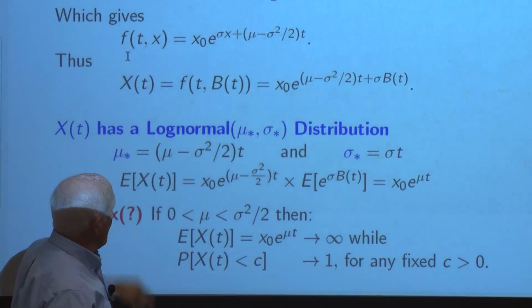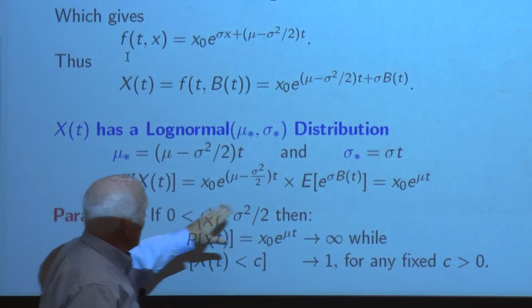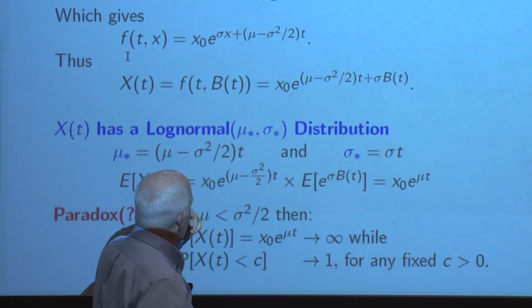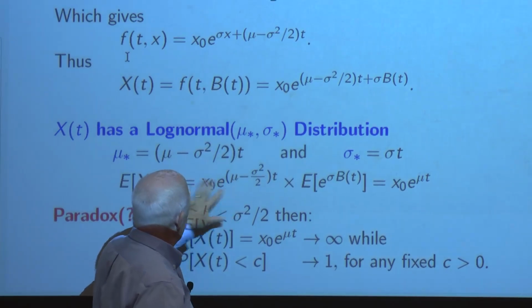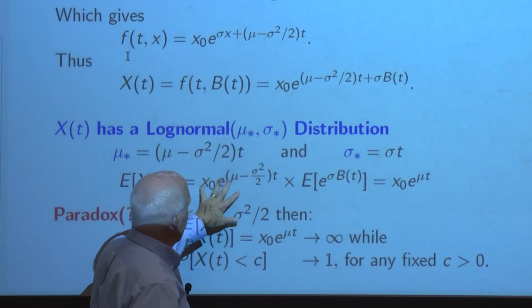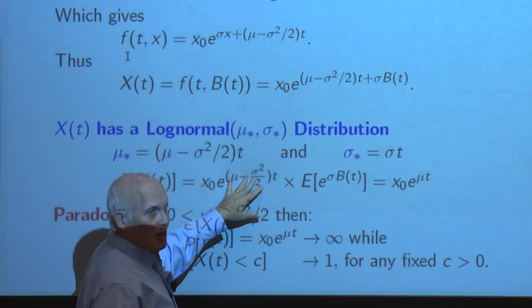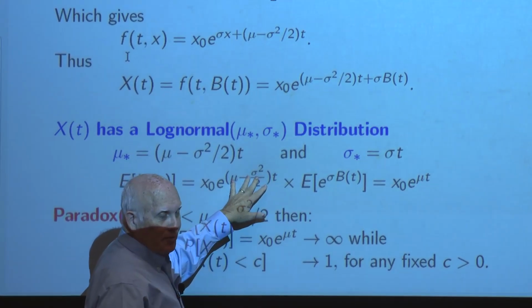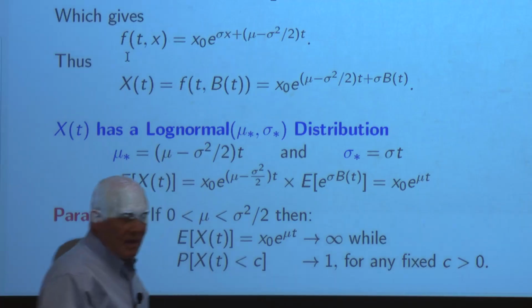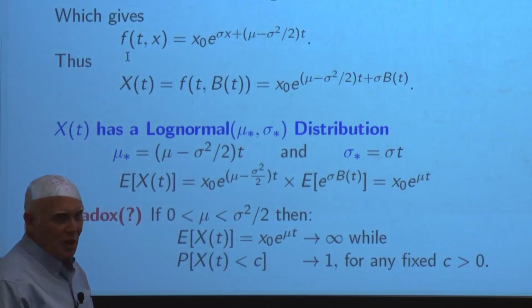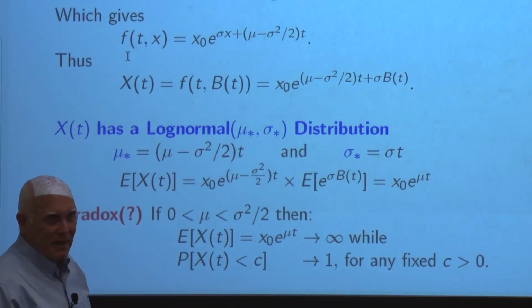And so if we have a geometric Brownian motion process, where on the log scale the drift is negative, then on the log scale it is going to minus infinity as t grows large.